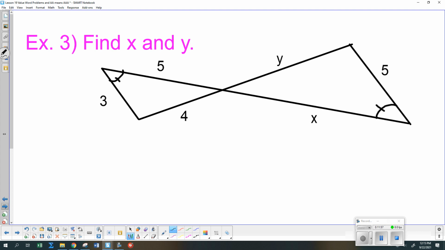Notice they have already labeled one set of angles as congruent. Is there a second set of angles that you can give me a reason why they would have to be congruent? So you look at the picture.